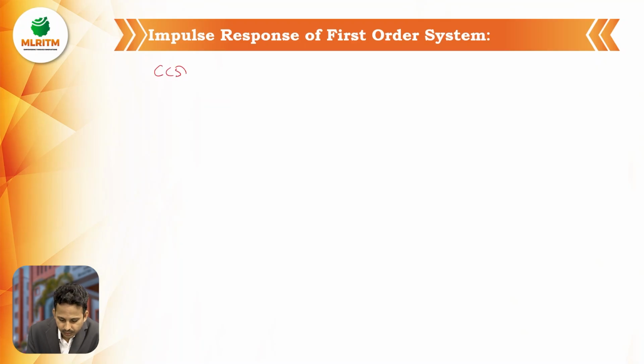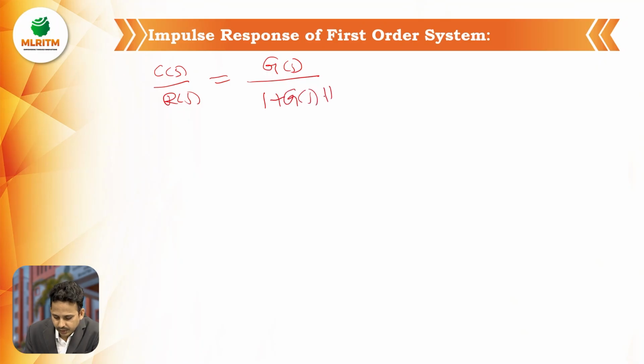C of s by R of s of a first order negative feedback system is G of s by 1 plus G of s into H of s. Here H of s is equal to 1 because it is a unity negative feedback system.